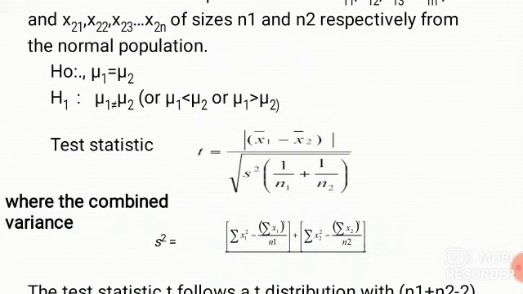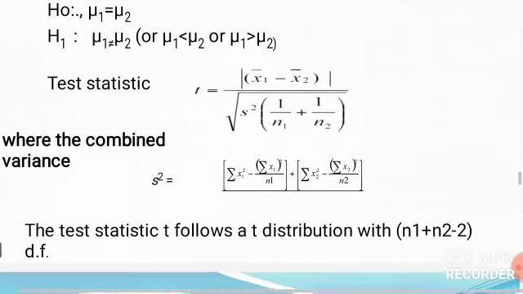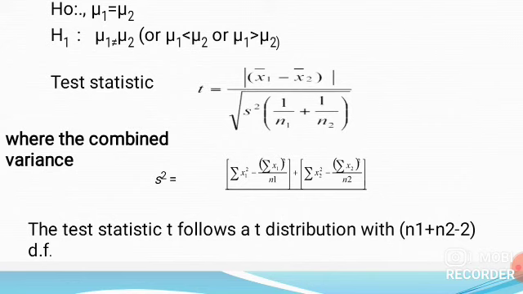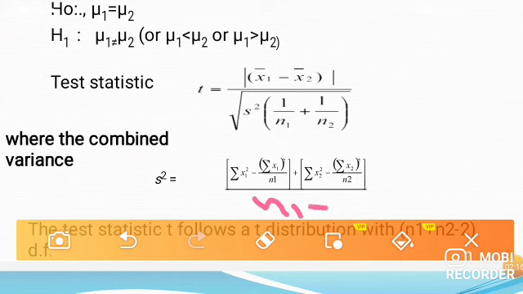which is the square root of s square in brackets 1 by n1 plus 1 by n2, where the combined variance s square is summation x1 square minus summation x1 whole square divided by n1, plus summation x2 square minus summation x2 whole square divided by n2, and they are all divided by n1 plus n2 minus 2 degrees of freedom.